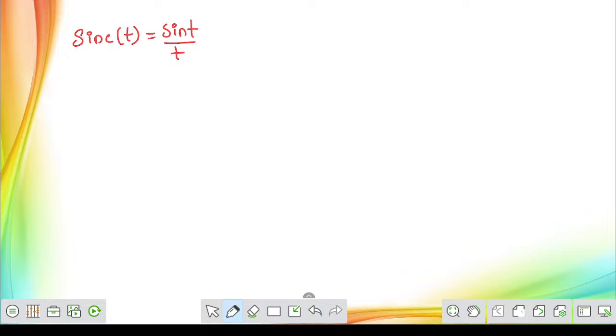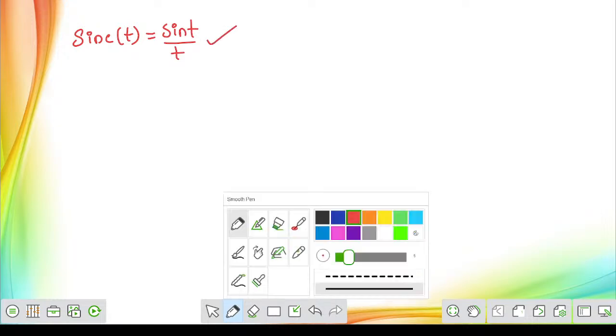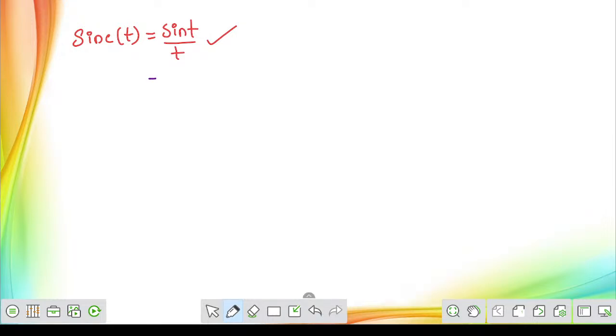That is one way of defining the sinc function. This is also correct. This can also be written in the alternative, normalized way, sin of pi t by pi t. You can also define it like this. These both are very important properties.